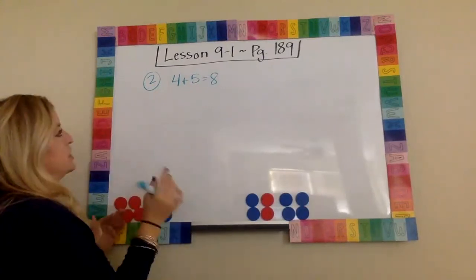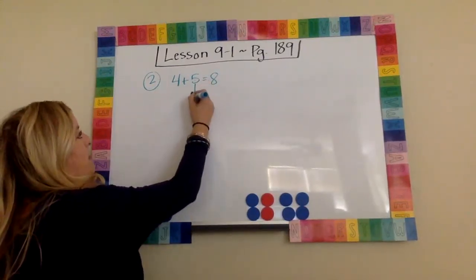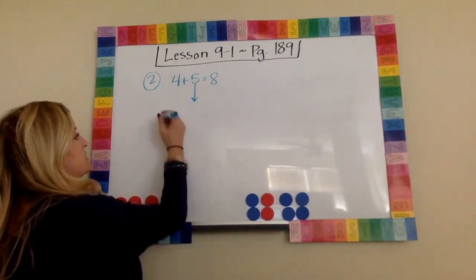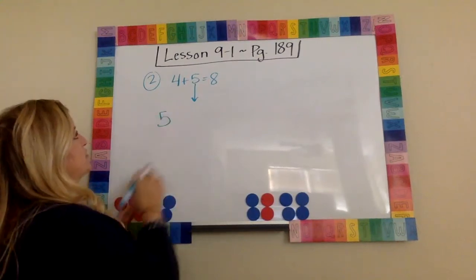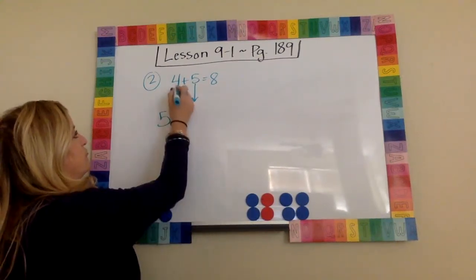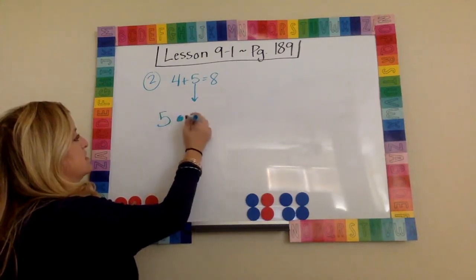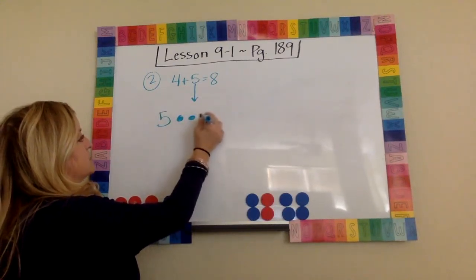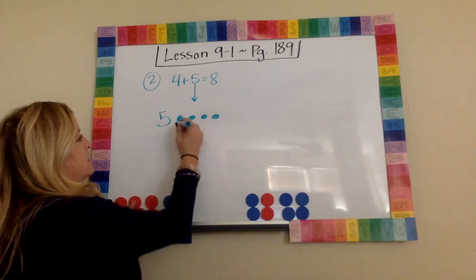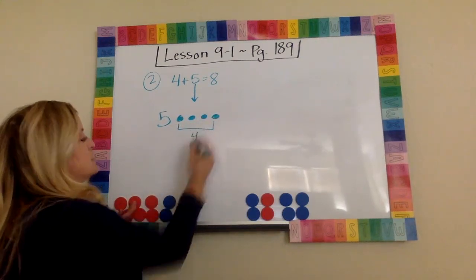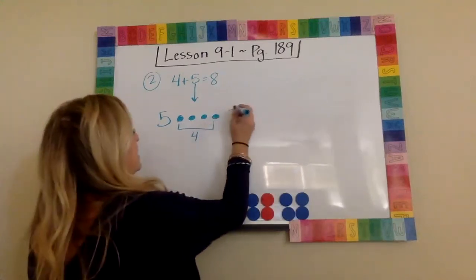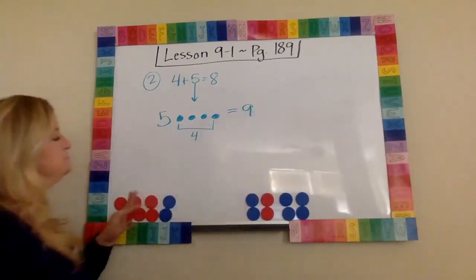So number 2, Jun says 4 plus 5 equals 8. We're going to start counting on with the biggest number. So we're going to do 5, and then we're going to count on 4: 5, 6, 7, 8, 9. I now have 4 dots, and I stopped counting at 9.